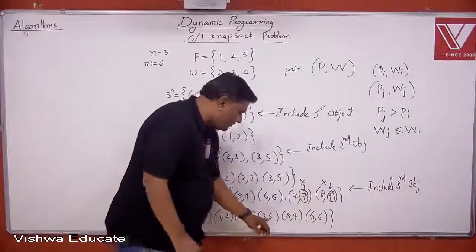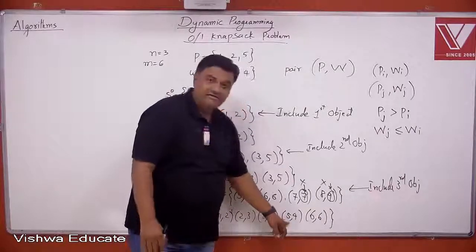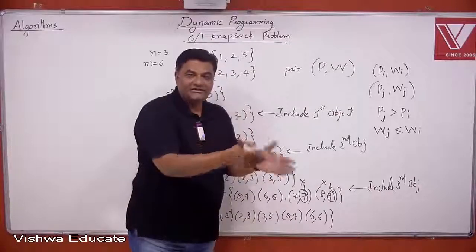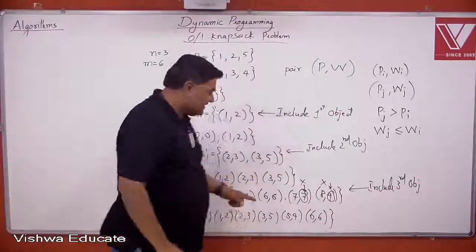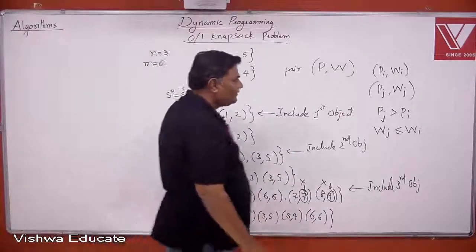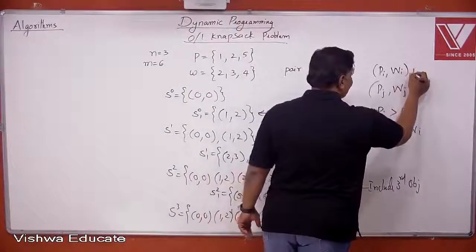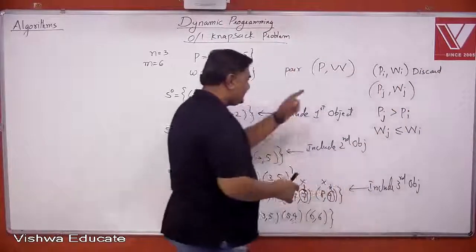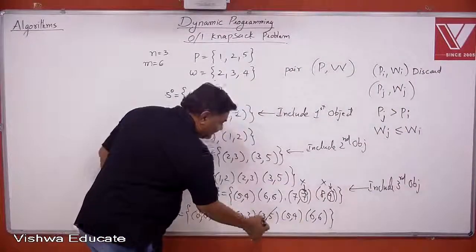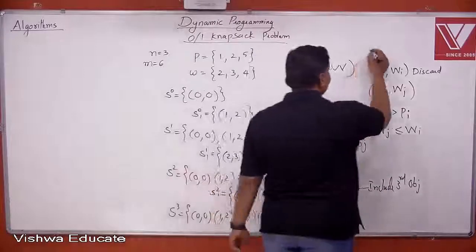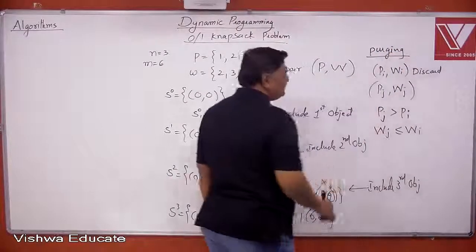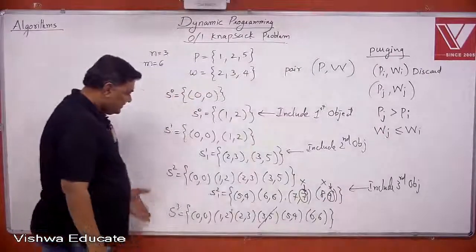You got more profit but the weight is reduced. By including an object, the weight will increase, not decrease. So this is not possible. So what we do is discard PI, WI, the first ordered pair. What do you call this? This is called purging. That's all.